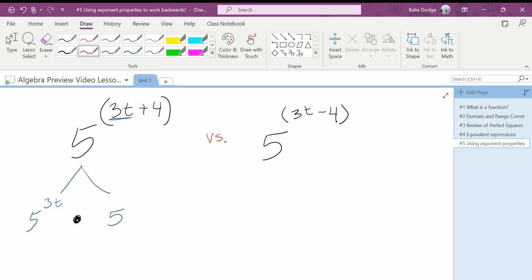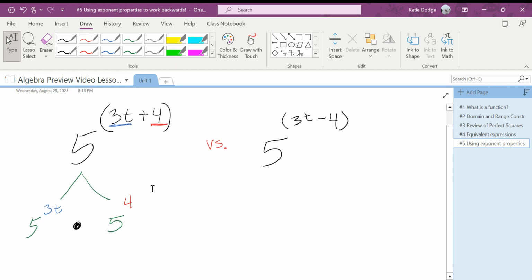And then the last exponent attached to the other 5 is going to be 4. So now I could actually do some solving if I would like. I could figure out what is 5 to the power of 3. I could also figure out what is 5 to the power of 4.